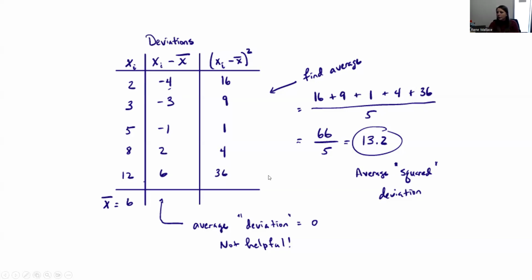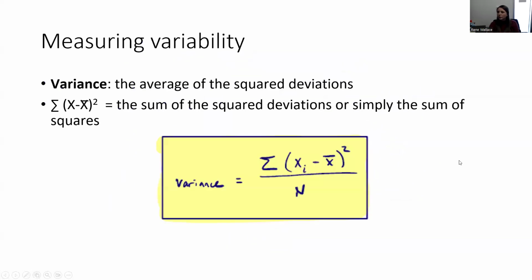That's why we squared it. Negative 4 plus negative 3 plus negative 1 is negative 8, and 6 plus 2 is positive 8. Negative 8 and positive 8 cancel each other out, so that's not helpful. But when we squared it and got rid of these negatives, we were able to find the average squared deviation, which is helpful.